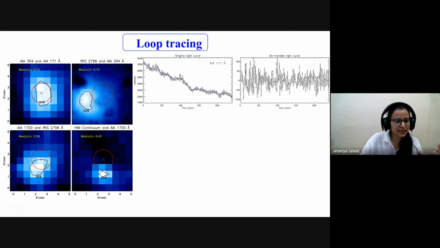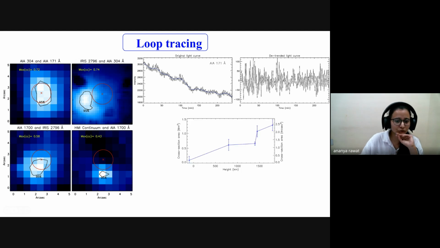So basically this shows that the loop is shrinking as we move toward the photosphere. This is how the cross section varies from the photosphere to the corona. This basically shows the expansion of the loop as we move up with height.